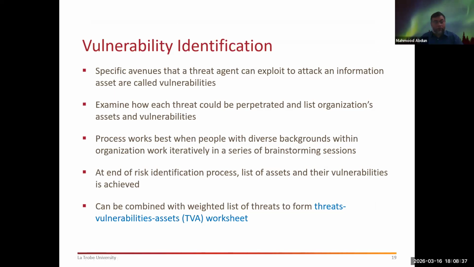Next is a related topic to threat identification. In fact, you can actually talk about threat and vulnerability in the same sentence, and sometimes even interchangeably. But for the purpose of this exercise, because we want to control the risks, it's important to identify what we are trying to control. One of the points of control is removing or reducing the vulnerabilities, right?